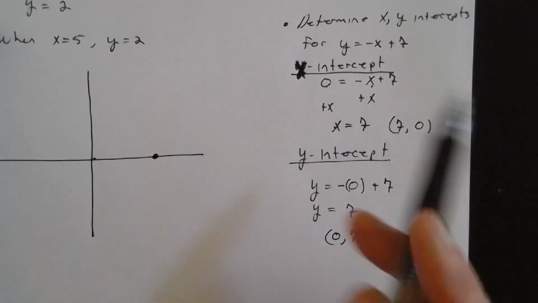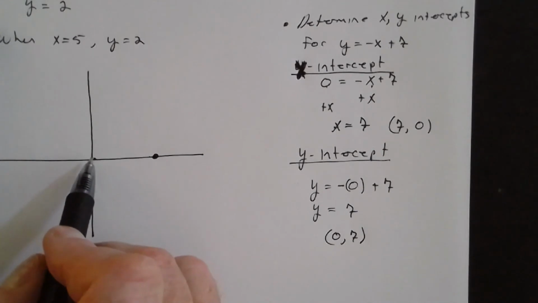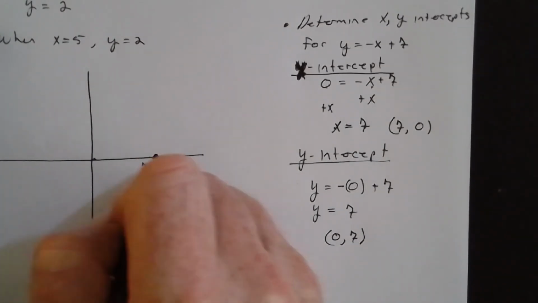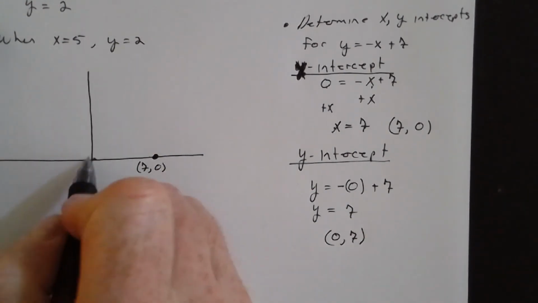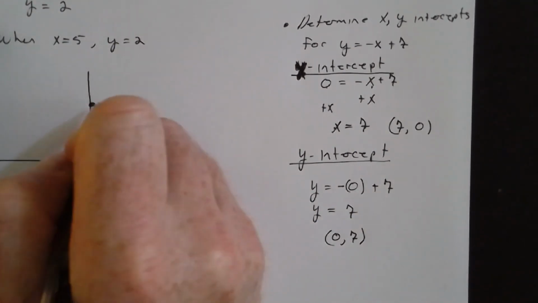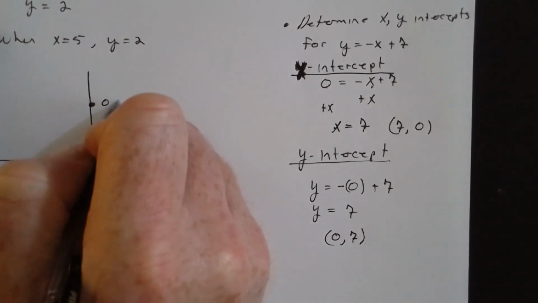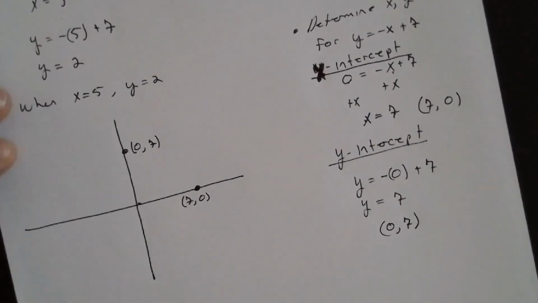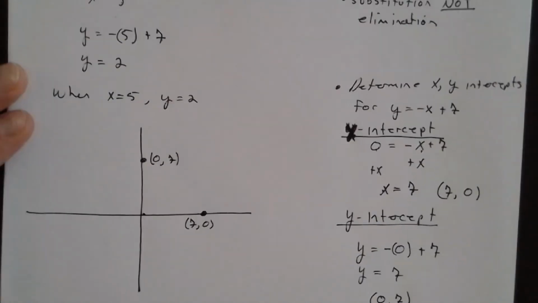Yes. So 7 and 0. And 0 and 7. And now we can construct a line through these.